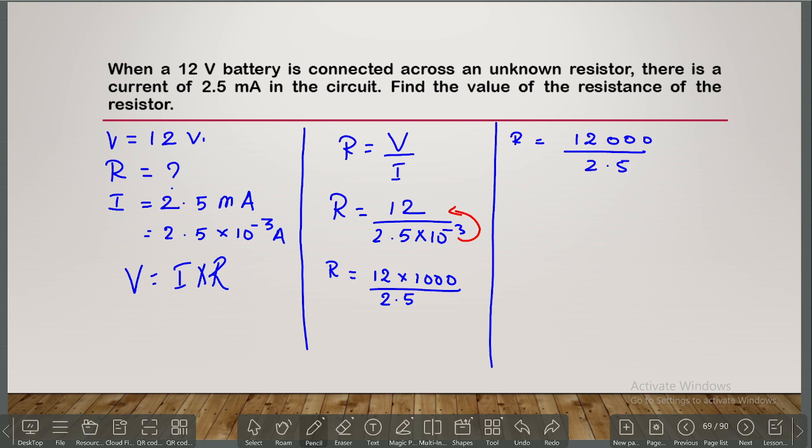So to simplify these two numbers, since there is a decimal place, in order to remove the decimal place, we are going to multiply and divide by 10.